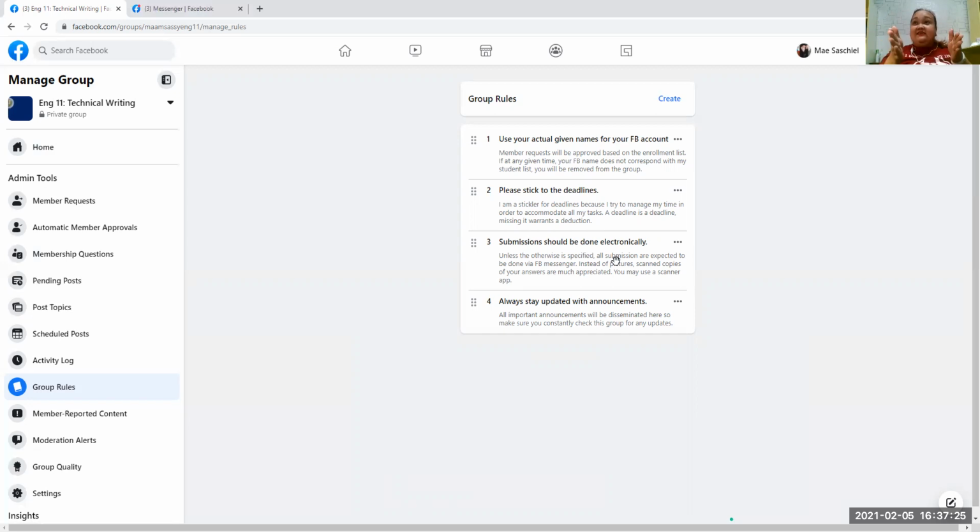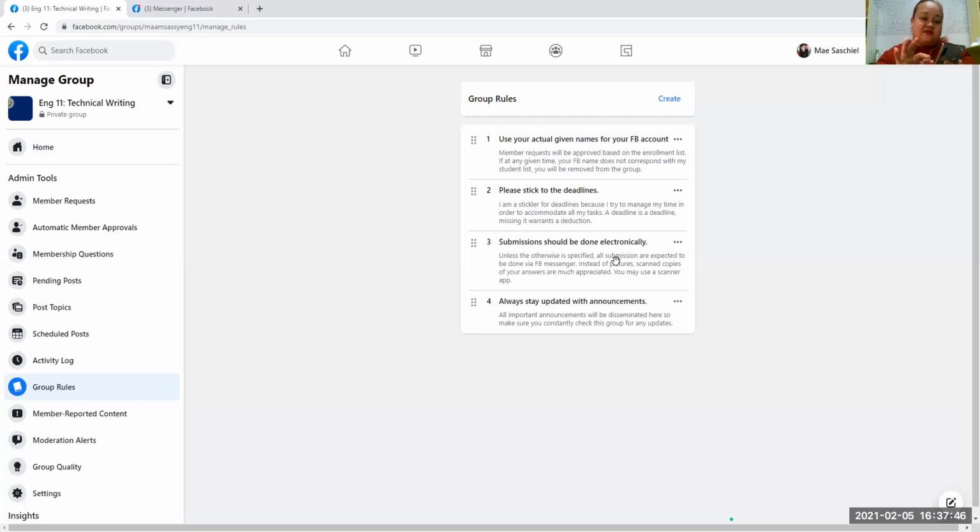You can scan the pages that you are going to submit physically. There are scanner applications that you can download. I will not accept pictures, but if you use a scan app, like for example, in my case, I'll show you what I'm using.